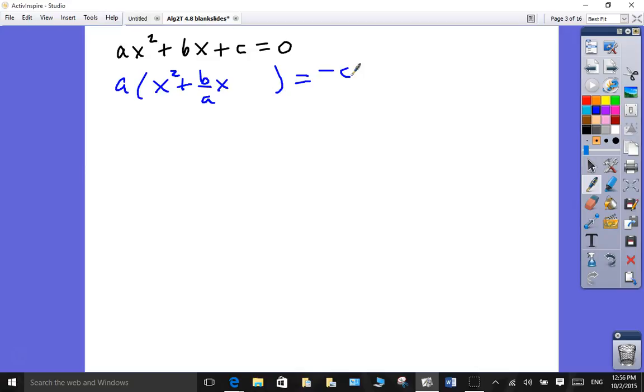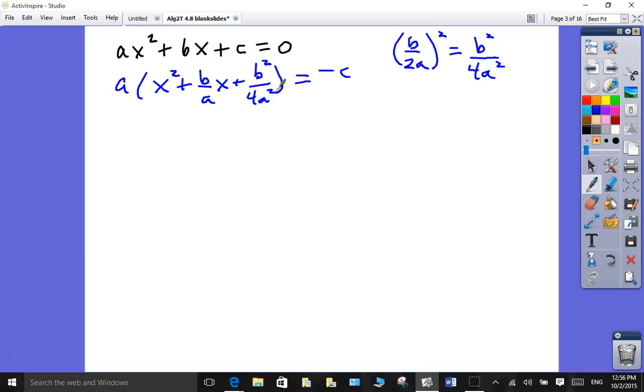It's b over 2a, right? So b over 2a is half of b over a. And when you square it, you get b squared over 4a squared. So that's what we have to add to complete the square: plus b squared over 4a squared.